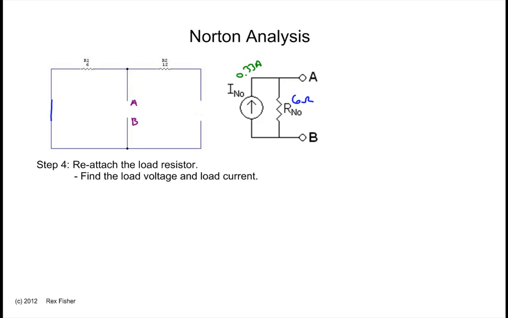The last step is to reattach the load resistor and find the load voltage and load current. The load resistor was 4 ohms. The other thing we have to remember is that the current here went from B to A. That means that this arrow is backward, and the current is really going to flow in this direction.